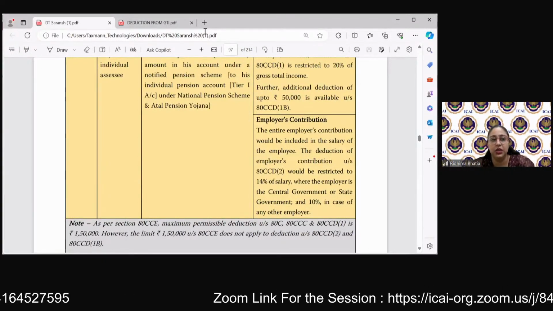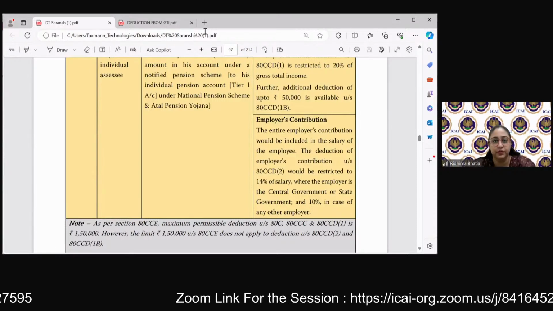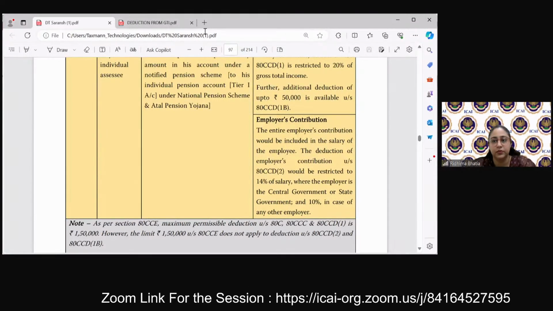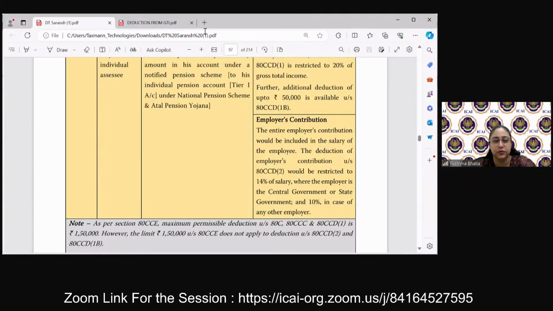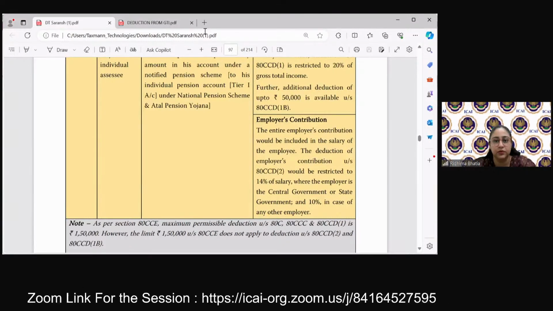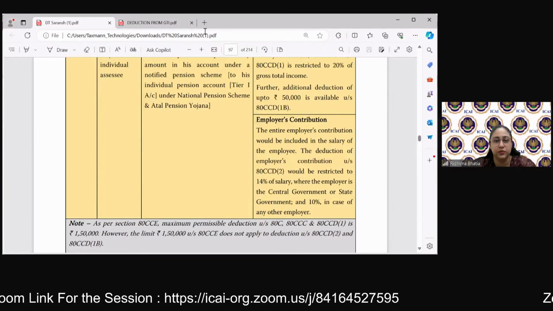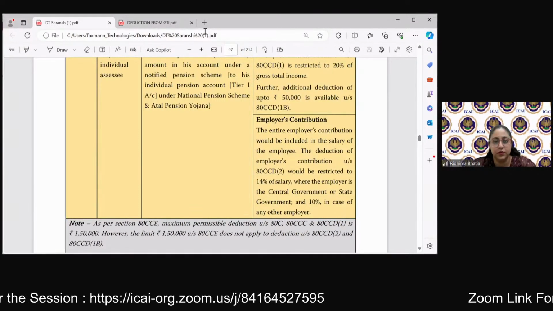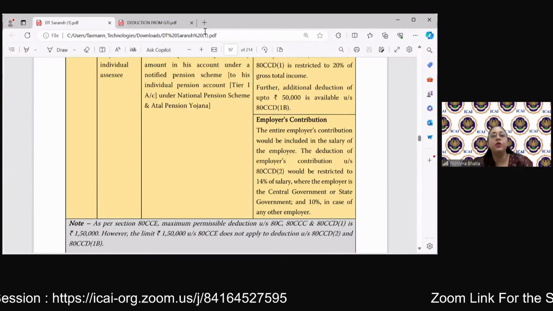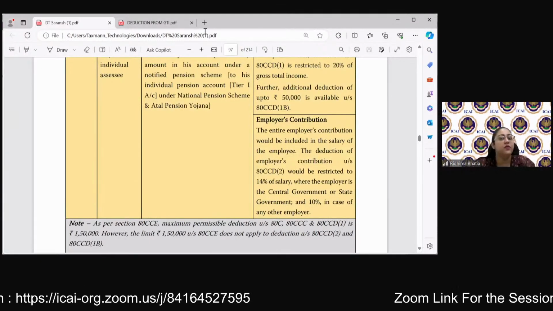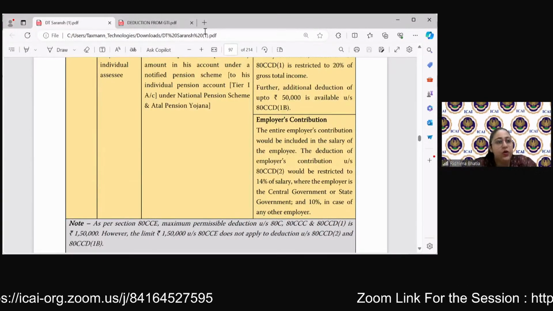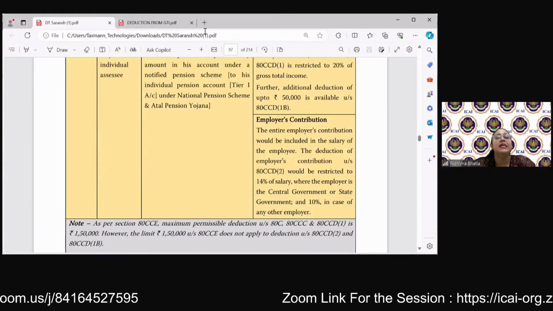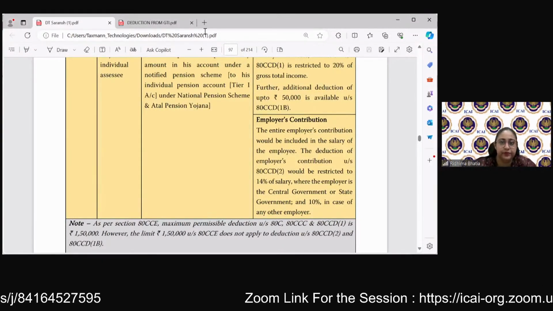Employer's contribution reduction is allowed. Deduction more than actual contribution would never be allowed. If actual contribution is only 30,000, you claim all of it under section 80CCD subsection 1B.